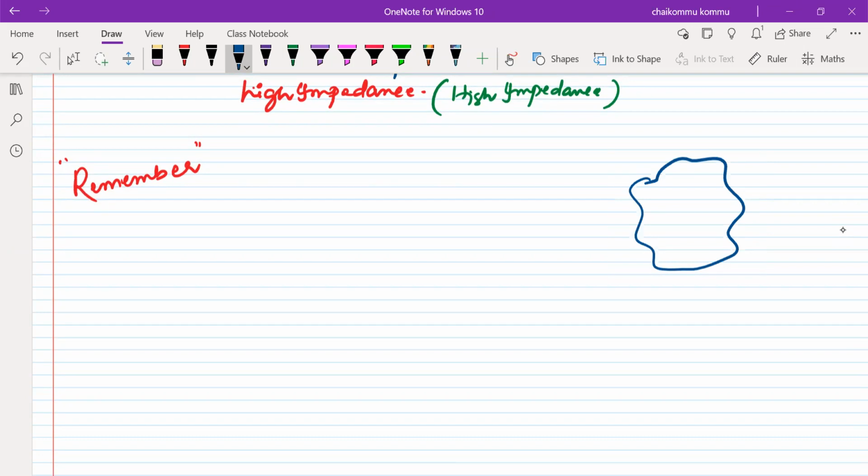What do you mean by a net data type? That line or that net will be used for transmission of the information. From one end to another end, the information will be transparent. That is the purpose only.